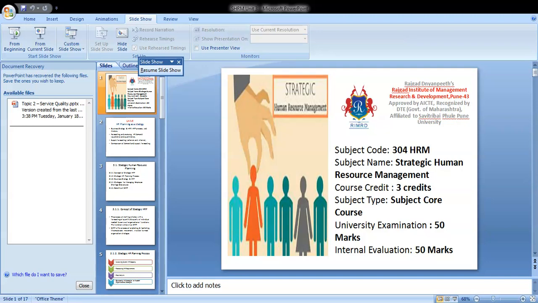So, human resource planning is the method of forecasting human resource requirements and availability, as well as bridging the gap between their supply and demand. The human resource planning process is as shown in the slide.